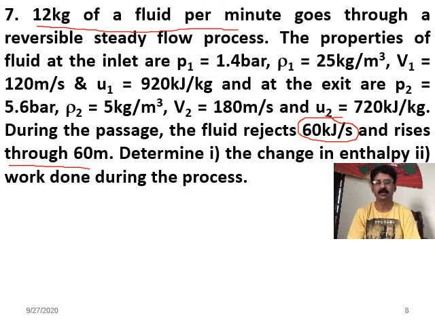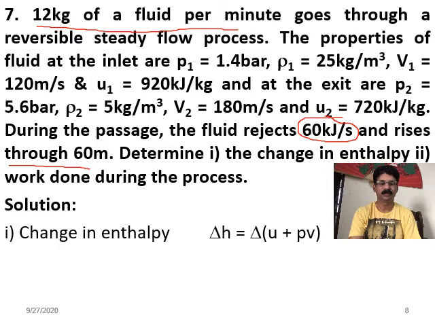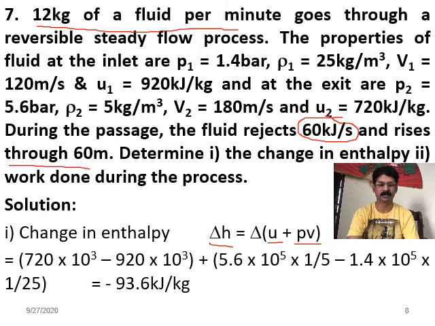Now let us find out the change in enthalpy. H is equal to U plus PV. So delta H is nothing but delta of U plus PV. That means delta H is H2 minus H1. So delta of U means U2 minus U1, and this is P2 V2 minus P1 V1, that all of you know. If you apply it to the initial state and the final state, I am directly substituting here.